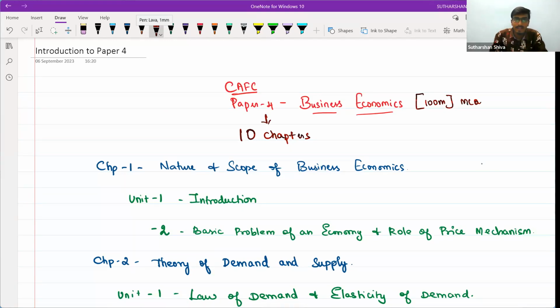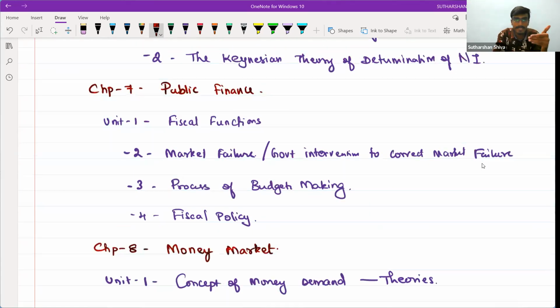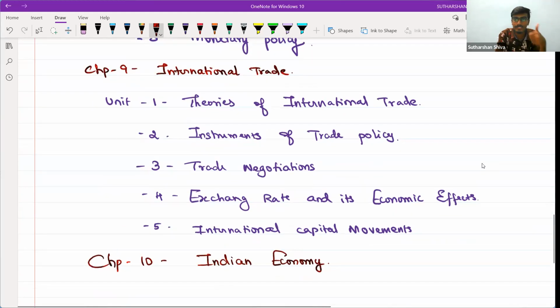In this paper, your minimum target, I am saying it is a minimum target, should be 75 plus. For that, you are going to focus more on the lower part, that is chapter 6, chapter 7, chapter 8 and chapter 9 along with chapter 10.